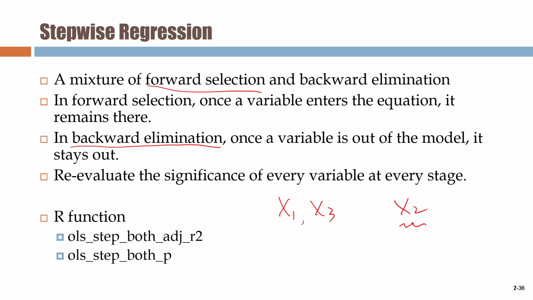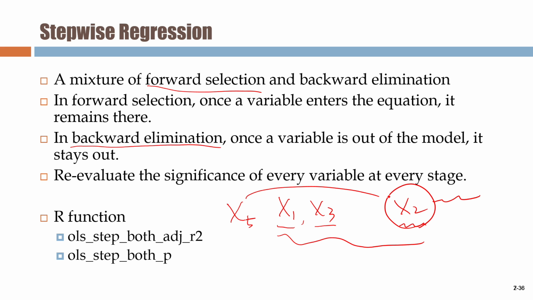X2 was selected, but after we choose x1 and x3 together, maybe we had better drop x2, right? So x2 was selected at the beginning, but later it can be dropped. It's also possible x2 comes back, because later we can add some other variable that x2 has some kind of relationship with, and because of that x2 brings value.